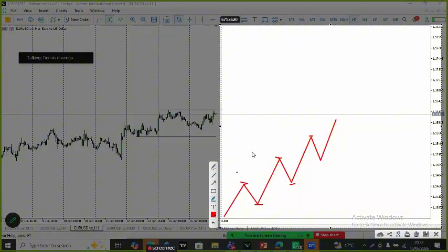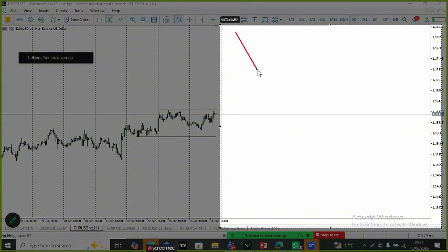Now, the ideal bearish structure is simply the opposite of the ideal bullish structure. So in the ideal bearish structure, price is basically swinging in a series of descending lower lows and lower highs. So this is the ideal.